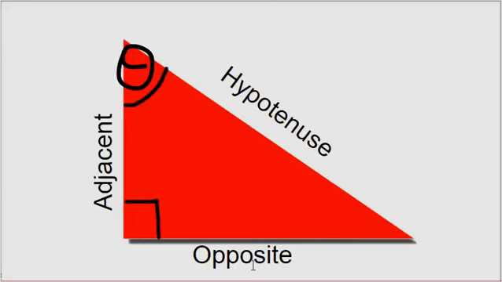Then this becomes the opposite side, just because it's the opposite part from theta. This becomes the leg that is adjacent to theta, and the hypotenuse remains the hypotenuse. The hypotenuse never switches. It's always opposite the right angle.